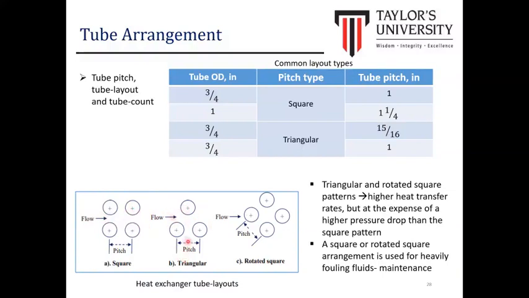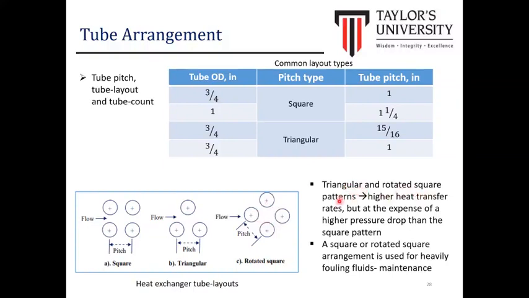And if we have triangular, this is the triangular arrangement. We have the triangle of the tube arrangement here that gives another flow for the shell, and this is the rotated square.